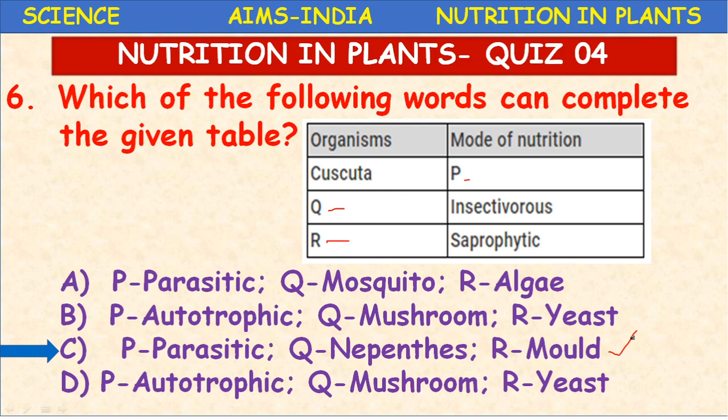So immediately, if match the following is given, you have to match by drawing lines with a pencil. Then you can select the right option. Don't guess. Okay. You have to use your knowledge.